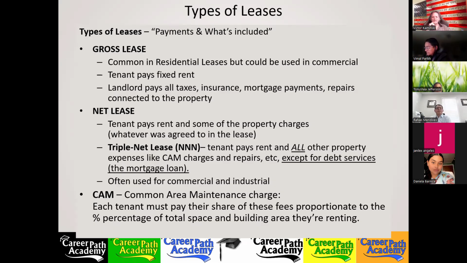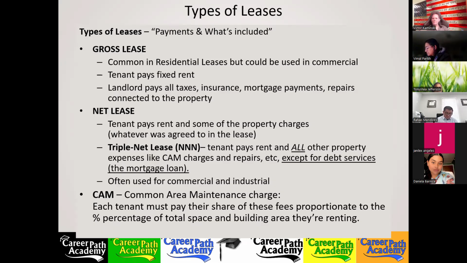What is CAM? Well, CAM is Common Area Maintenance. That's what it stands for. So this is the Common Area Maintenance charge, like for the landscaping. Each tenant must pay their share of these fees proportionate with the total area that they're renting of the building.